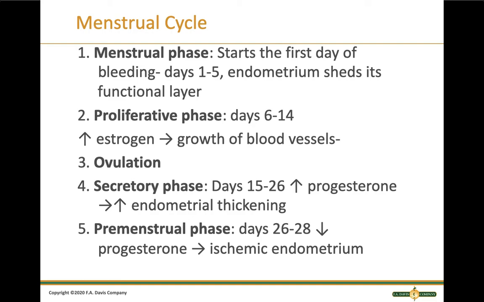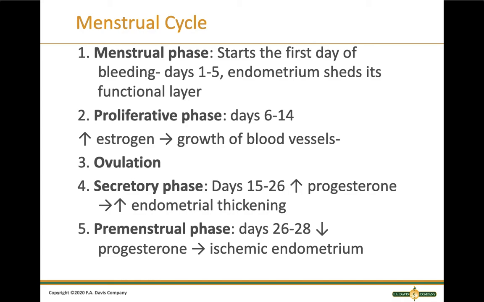Then the menstrual cycle, you have a table to fill out about the menstrual cycle. So the first phase is the menstrual phase. It starts the first day of bleeding. That's days 1 to 5. And the endometrium sheds its functional layer. Then the proliferative phase is days 6 through 14. As the estrogen levels increase, the endometrium is repaired and it grows. Then ovulation is not really a phase, that marks the middle.